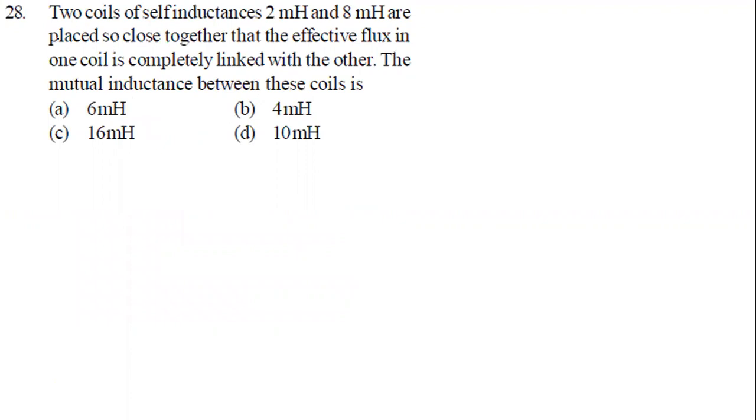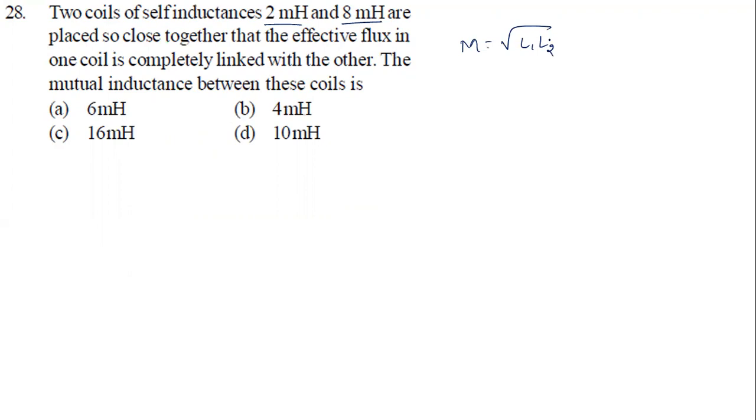Question number 28. Two coils of self-inductance 2 millihenry and 8 millihenry are placed so close to each other that the effective flux of one coil is completely linked with the other coil. Then the mutual inductance between them is? See here, students: M equals square root of L1 into L2 when they are completely linked to each other.